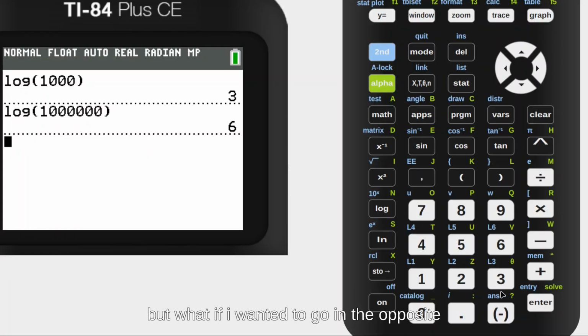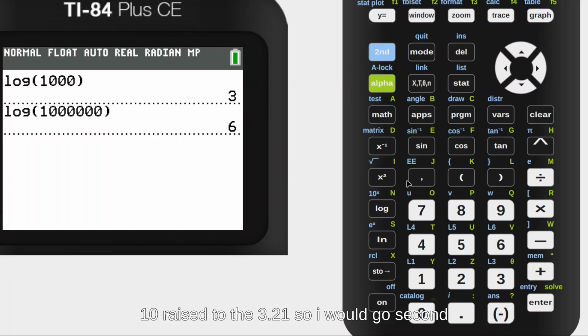But what if I wanted to go in the opposite direction? Above the log key is 10 to the x. So if I asked you, what's the value of 10 raised to the 3.21?